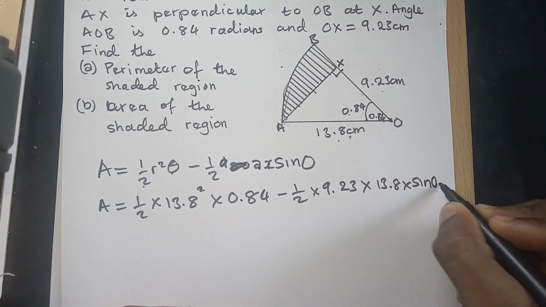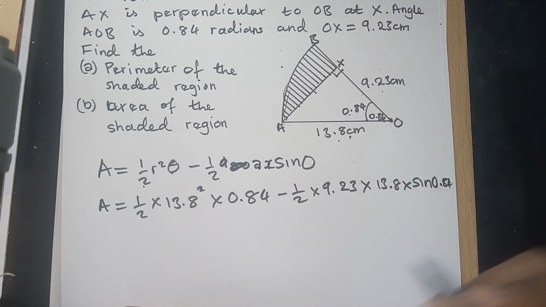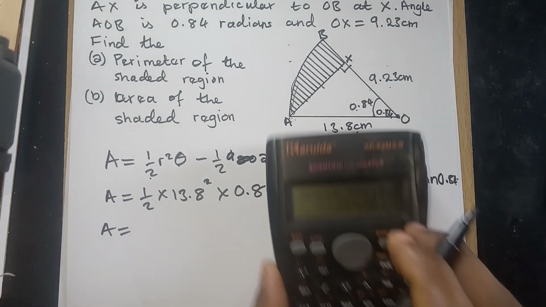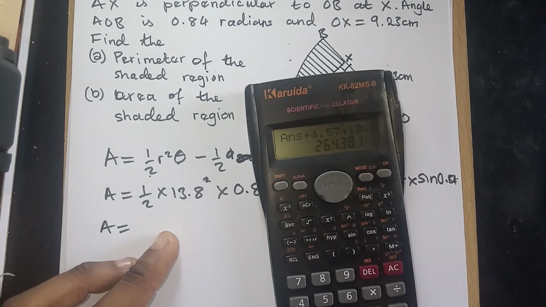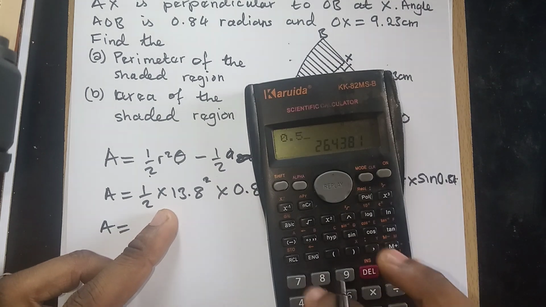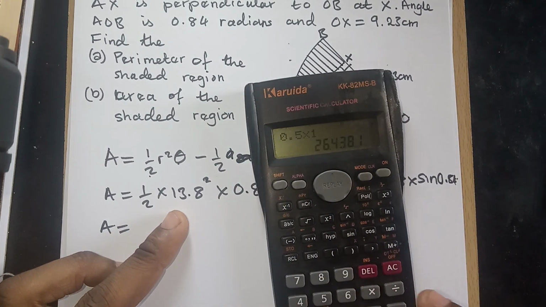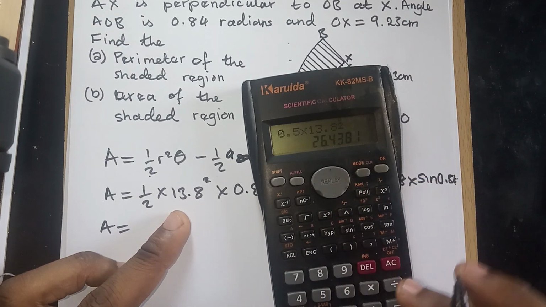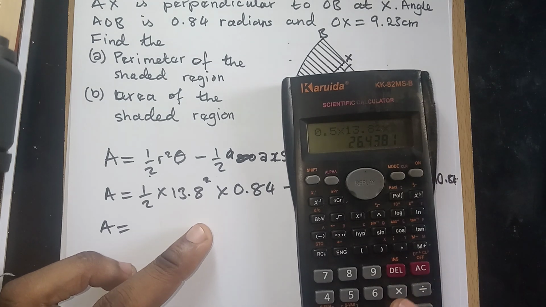Others use legs to explain that. So the area will be equal to, I'll multiply this using my calculator. This is 0.5 multiplied by 13.8 squared multiplied by 0.84.